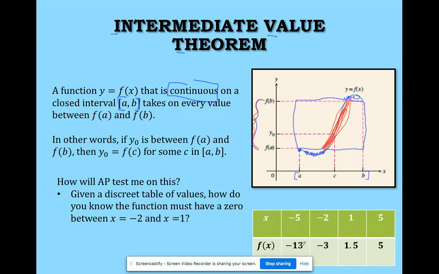And the trap is for you to say, oh, look, the range values are negative, and then the range values become positive. Therefore, you must have hit a 0 in between here. But that's false. You do not have enough information to conclude, because these could just be points. The function might be points, or the function might jump like a step function.